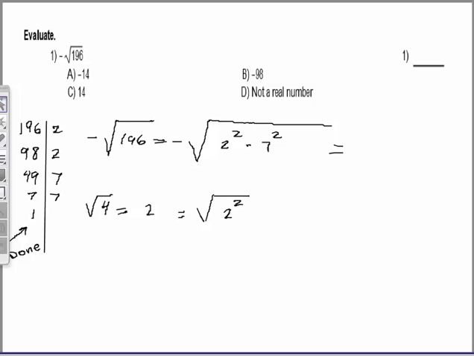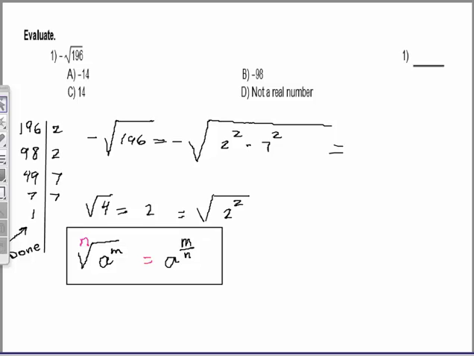So let me write down a property here which will help you to simplify. If I have a to the power of m, under the nth root, so I'll put n here, this whole thing would be equal to a to the power of m over n. You can write this down somewhere as well, the property that you can remember right there.